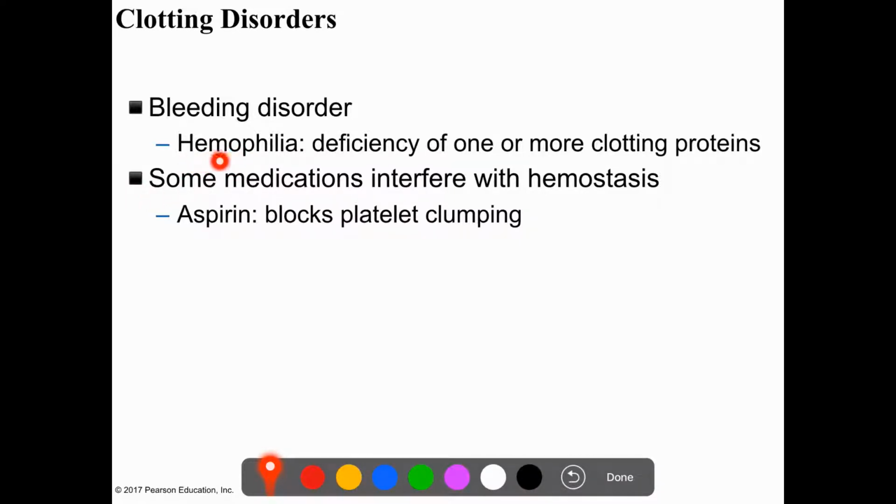Or if you leave it on its own, it will take a very long time to heal. Some drugs and medications will interfere with the homeostasis of clotting, like aspirin. Aspirin blocks platelet clumping and delays the clotting.